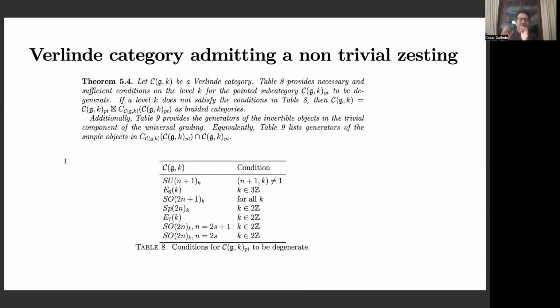So the quantum dimension of the object doesn't change, and in particular the global dimension doesn't change for any zesting.